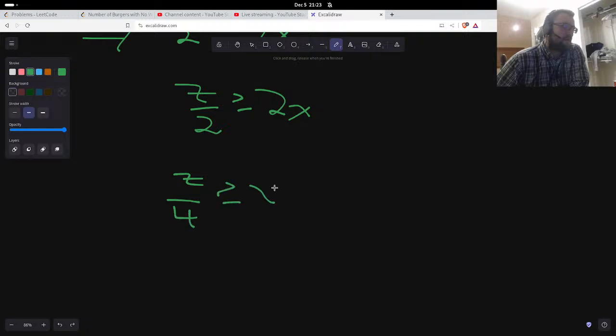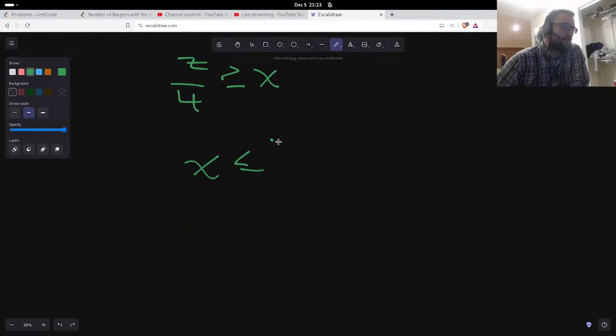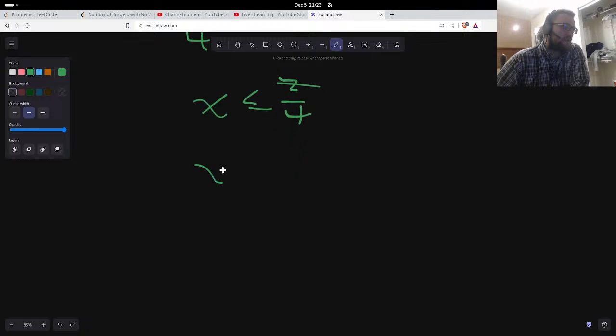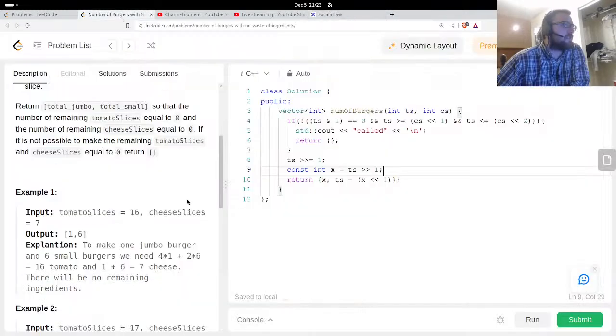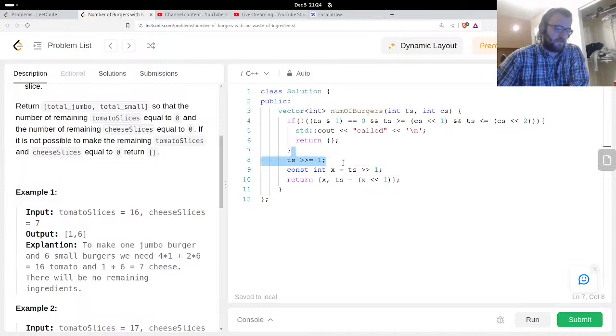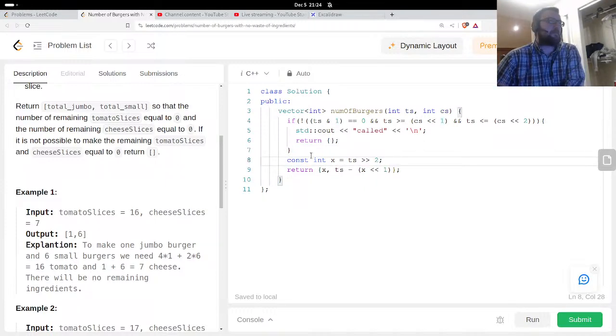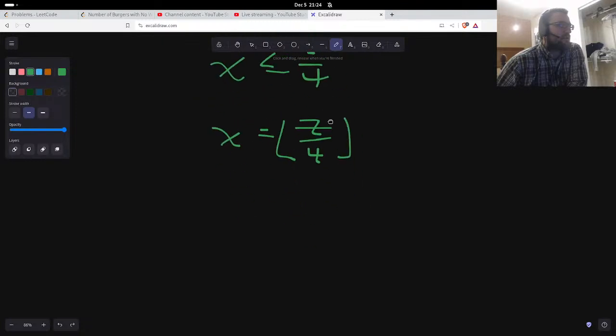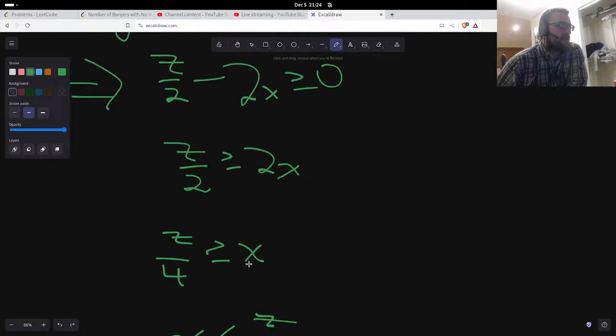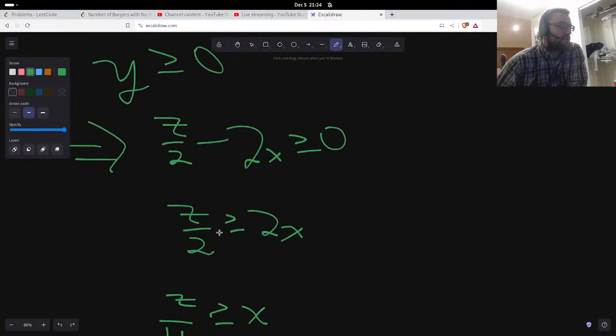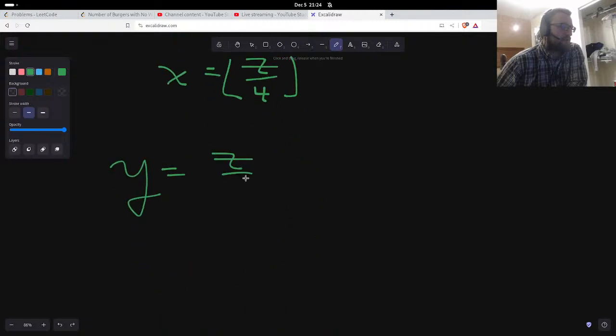Excuse me, z over 4 is greater than or equal to x. x can then be z over 4 floor, which is what I have here, right? We'll just keep it simple. Do it this way. Okay. And now y is z over 2 minus 2x. Which is this.